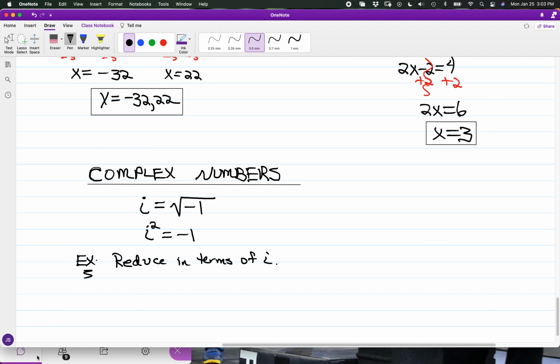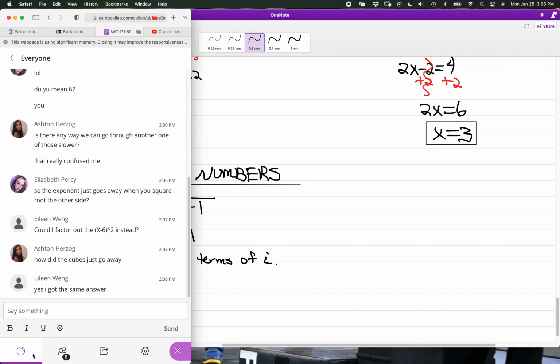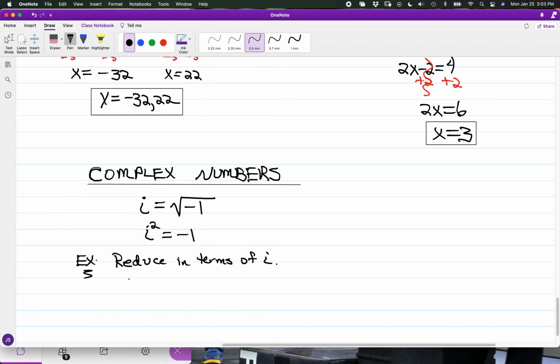Now say we have just numbers here, reducing in terms of the letter i. I'll start out with the negative of a perfect square number. So I have the square root of -25, and I can detach the 25 and the negative sign.